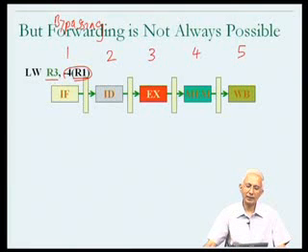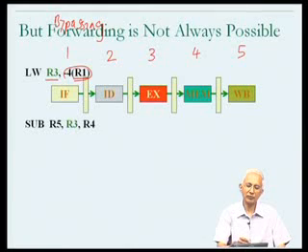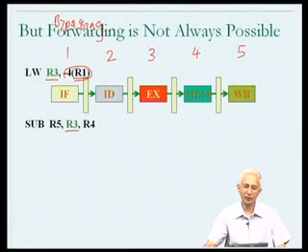Okay, now let's suppose that the next instruction is a subtract instruction which is dependent on the load word. Notice that it has as its first source operand register R3. It is therefore dependent on the load word instruction.